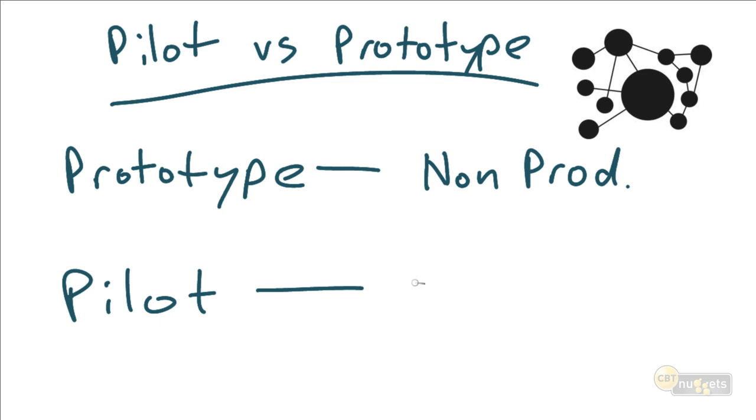Guess what? A pilot is in a small area of their production network. So that's the simple difference. A prototype, we build in what we call a sandbox. It has no interaction with their network infrastructure whatsoever. A pilot is in a segment of their production network.